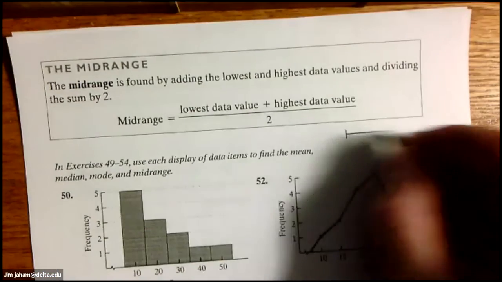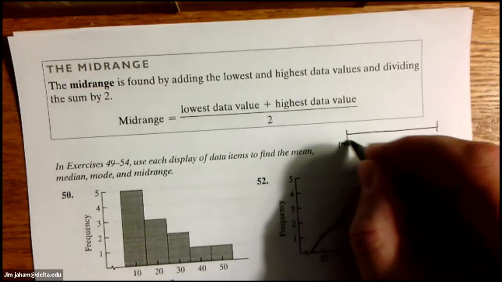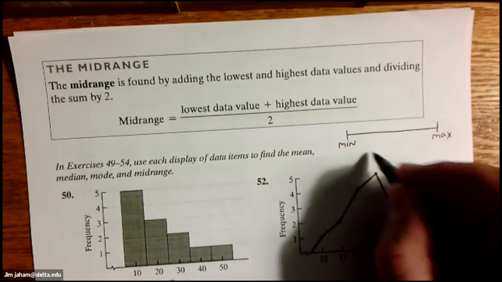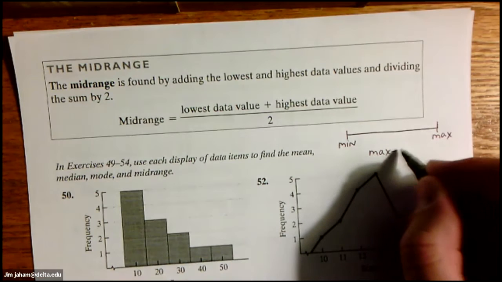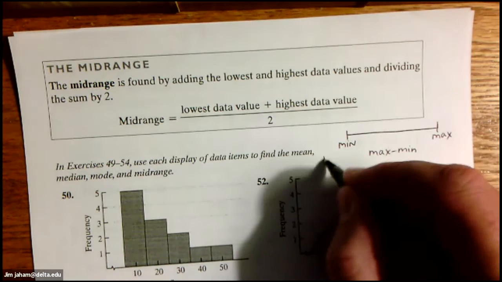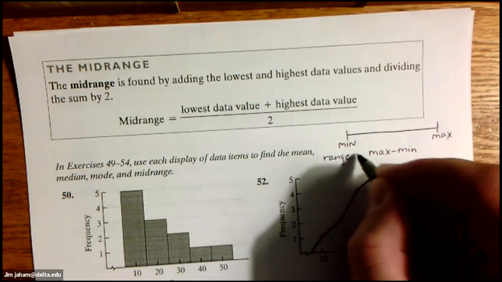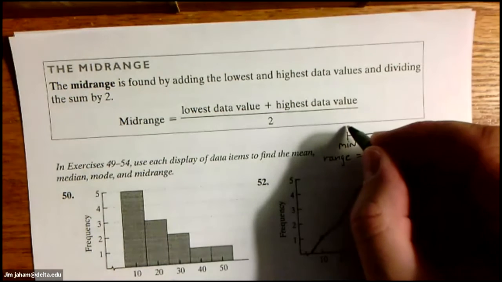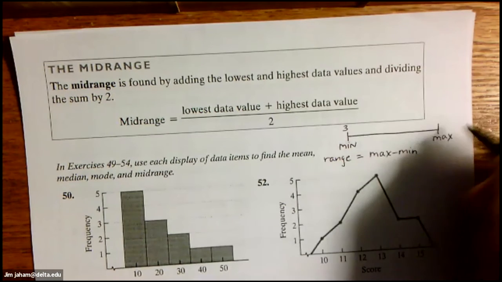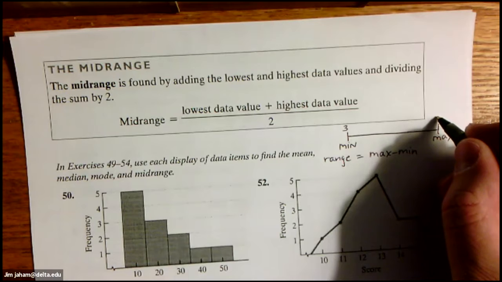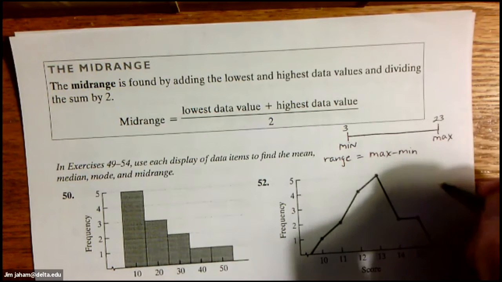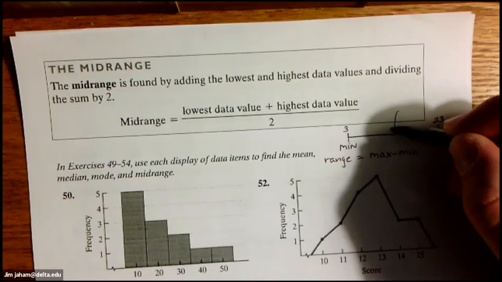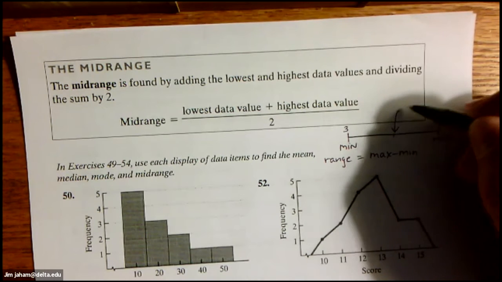We'll see later that the distance from the smallest data value to the largest data value, if we subtract those two, max minus the min, we get the range. So if the minimum data value was 3 and the maximum data value was 23, then the number right in the middle is called the mid-range.